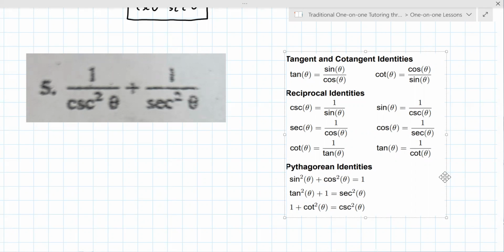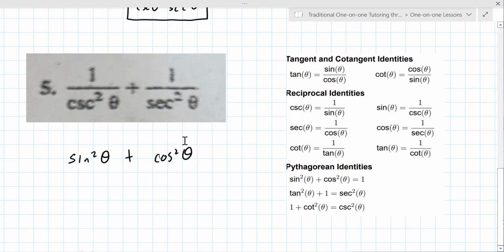Just the bottom is kind of... what is 1 over cosecant? It's a reciprocal. Which reciprocal is that? It's sine. So this becomes sine squared theta on the left. How about on the right? That becomes cosine squared.